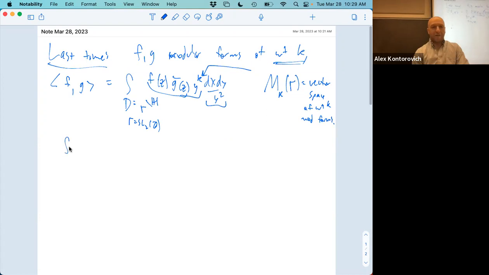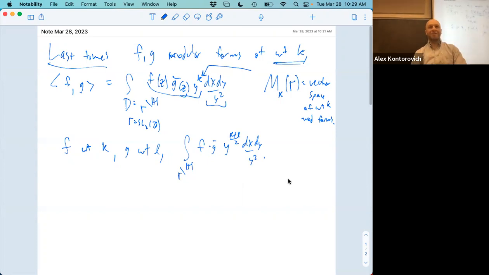If you have F of weight K and G of weight L, you certainly can form the integral of F times G bar times y to the K plus L over 2 dx dy over y squared. Yes, you can certainly do this integral over H mod gamma, and it makes complete sense.